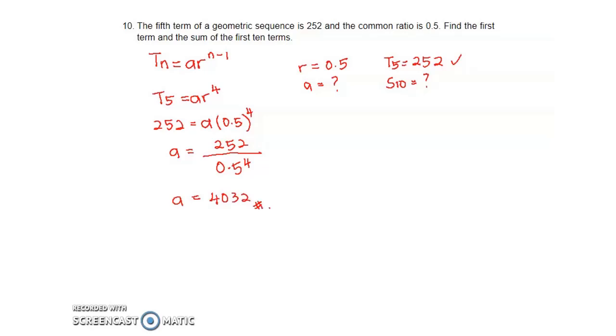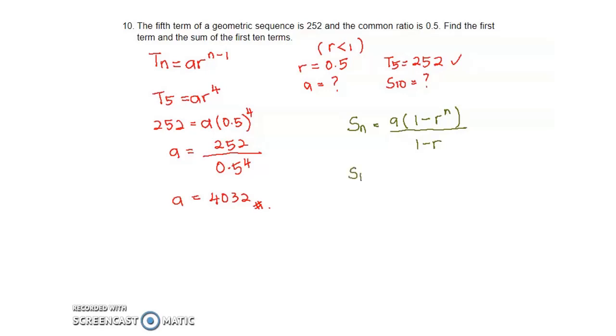Now find the sum of the first 10 terms. We know that R, 0.5, is less than 1, so we use the formula for the sum for R less than 1. So Sn equal to A times (1 minus R to the power of n) divided by (1 minus R).